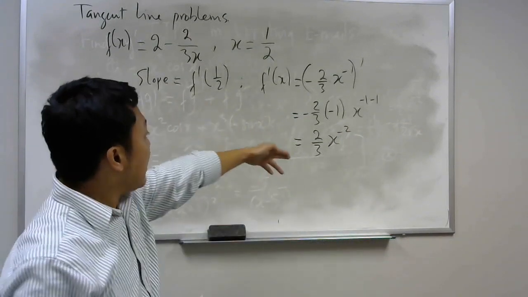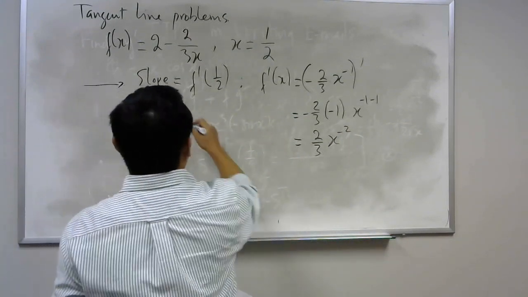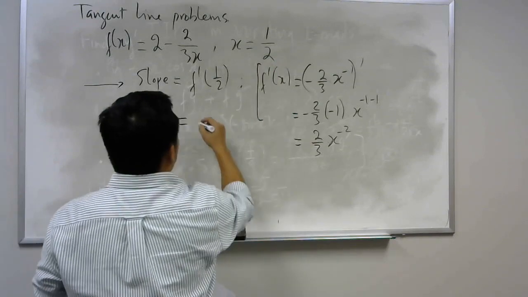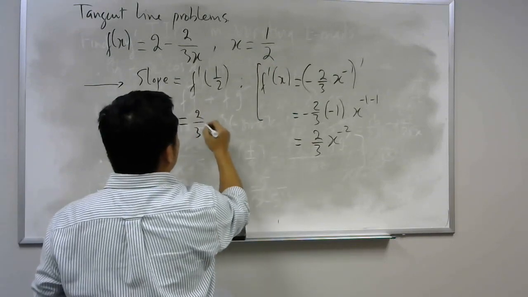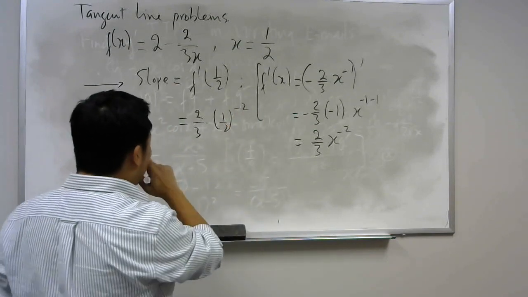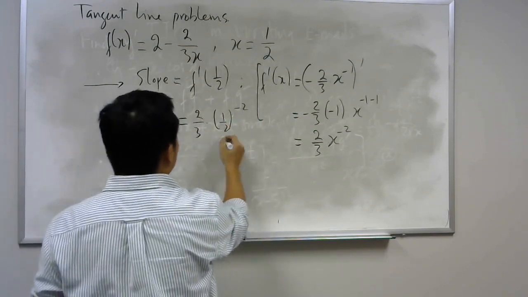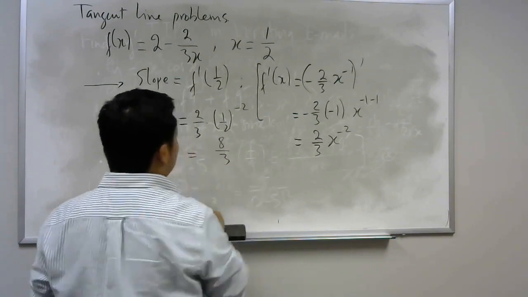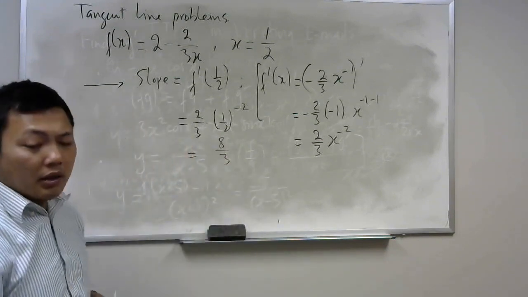Now you plug 1/2 into this derivative: 2/3 times 1 over 2 to the negative 2, so you would get 8 over 3.